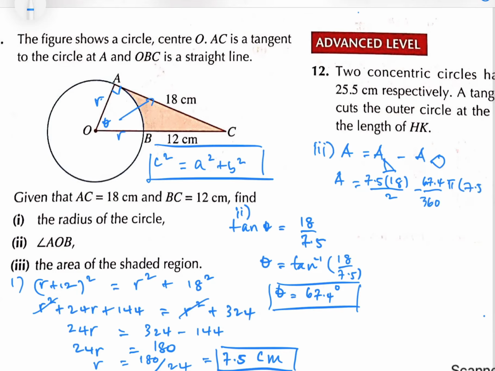The radius is 7.5 squared. Our area must be 34.4 centimeters squared. This is the area of the shaded region.